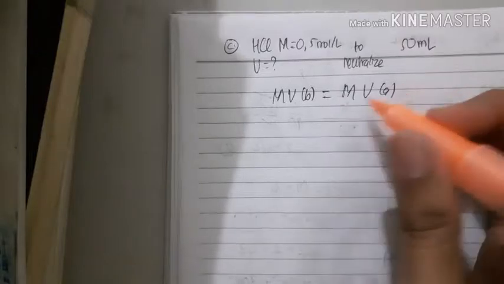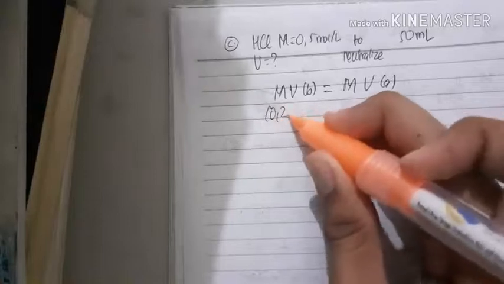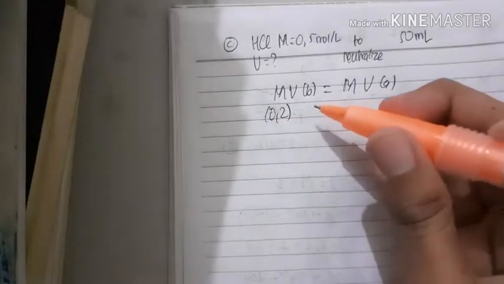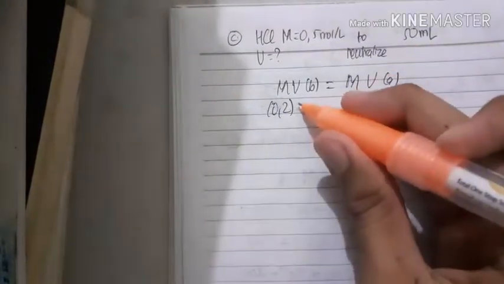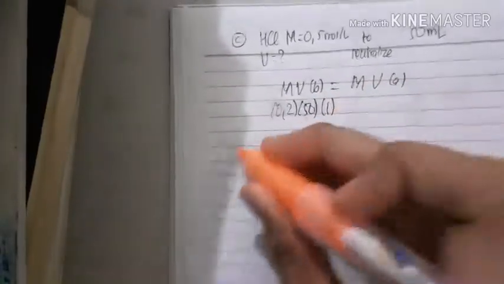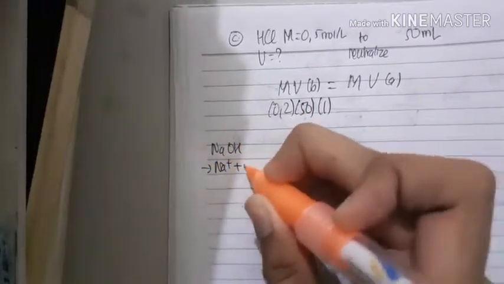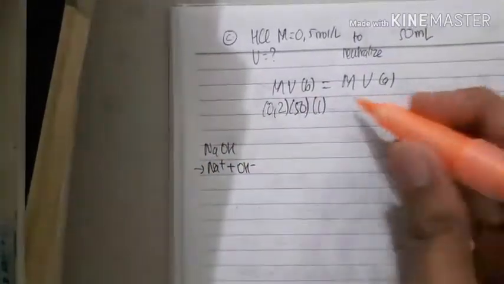So the base has the molarity of 0.2, and the volume is just 50 milliliters, and for the base we only have one, right? Because NaOH only has one hydroxide ion.